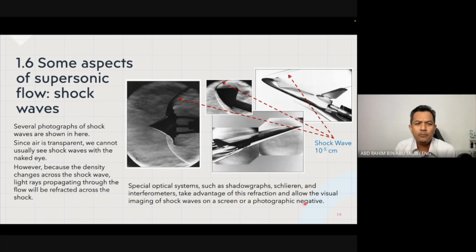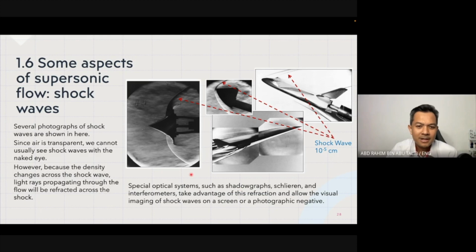We have our own small supersonic tunnel at our facility in University Putra Malaysia, and we are using shadowgraph and Schlieren in order to capture the shock formation. Even though our test section is very small, 1 inch by 2 inch, that is sufficient to show that the development of the shock wave can be captured through shadowgraph or Schlieren technique.